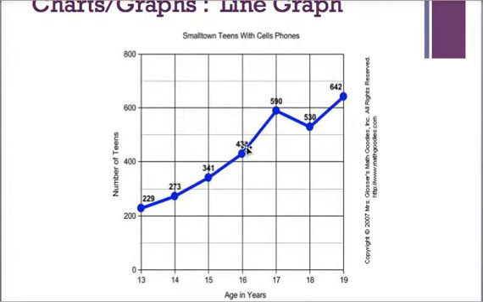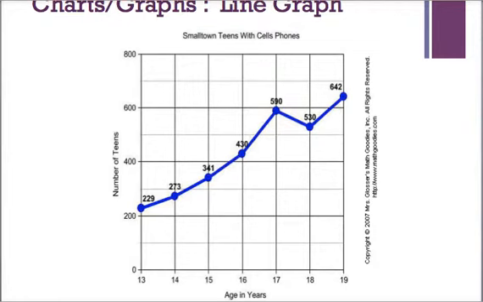And then it goes up to 590 17-year-olds who have cell phones. Then it dips down a little bit at age 18 to 530, and then it goes up to 642 at 19. So in general, you could say that the number of cell phones goes up as a teenager gets older in small towns.